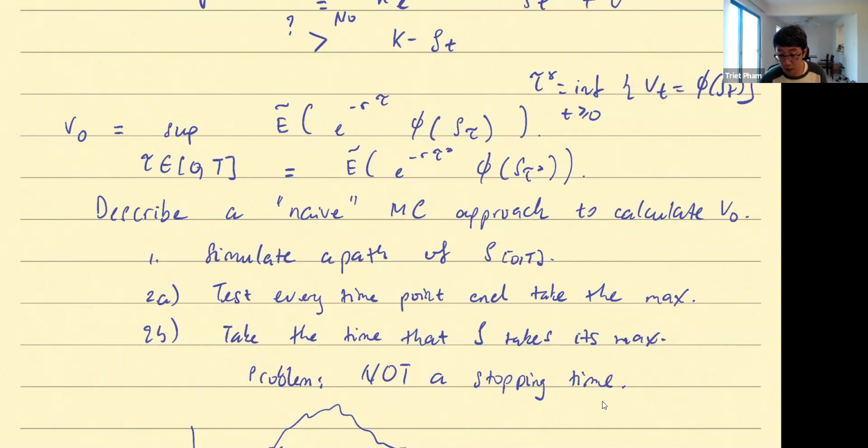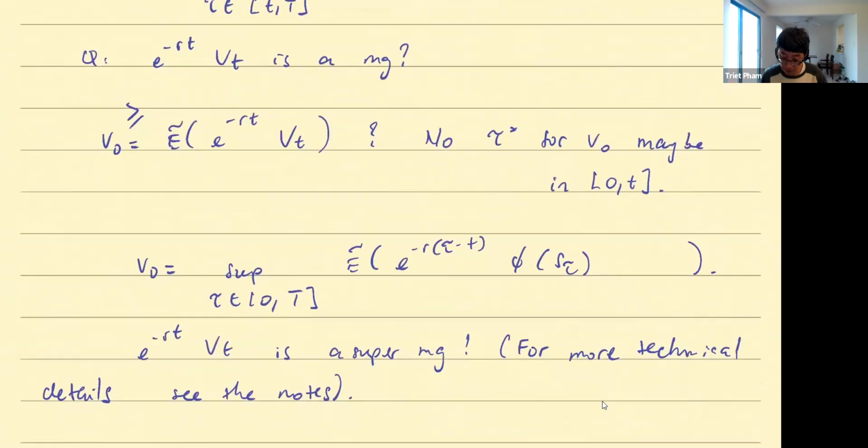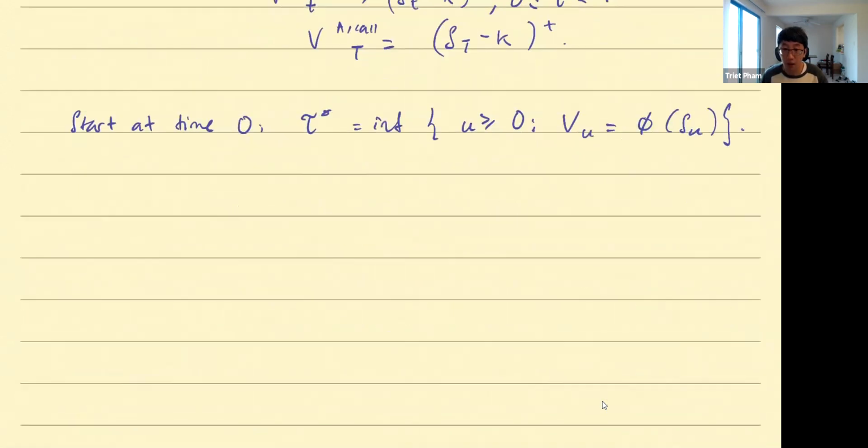So unless you know the value process, this is not very useful. Okay. Any question? All right. So now that's the two things. So now let's go to the analytical solution, or closed form solution.